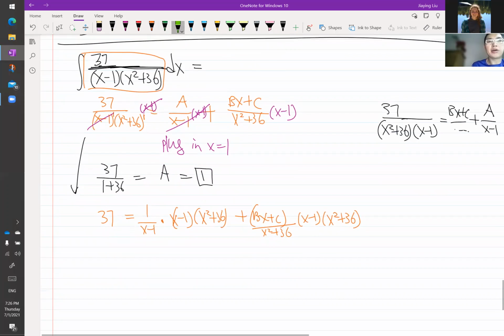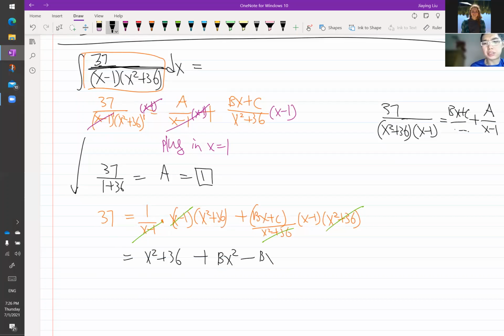And then I can cancel out a few terms and simplify the term on the right. So that will give me 1 times x squared plus 36, plus bx plus c times x minus 1. So that's bx squared minus bx plus cx minus c, if I expand it correctly.